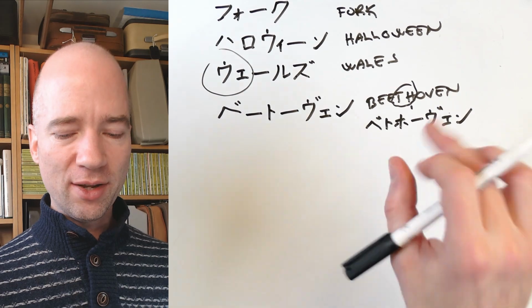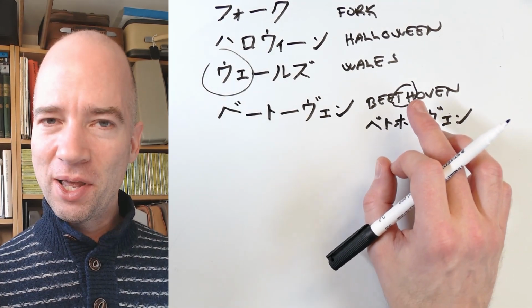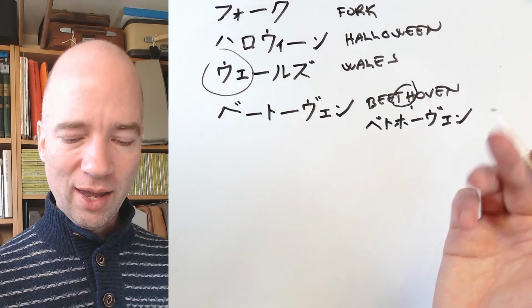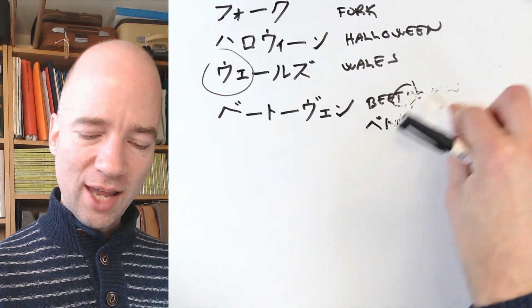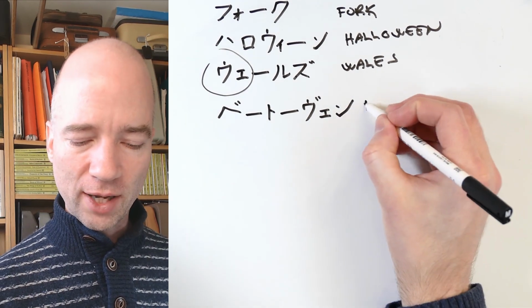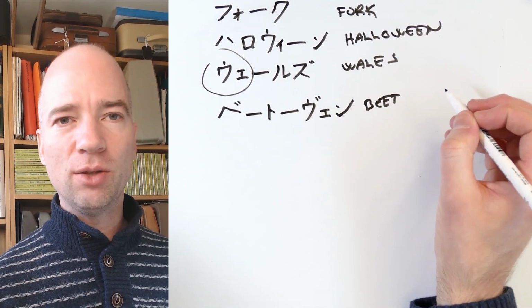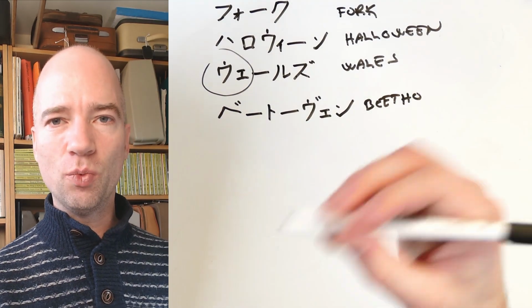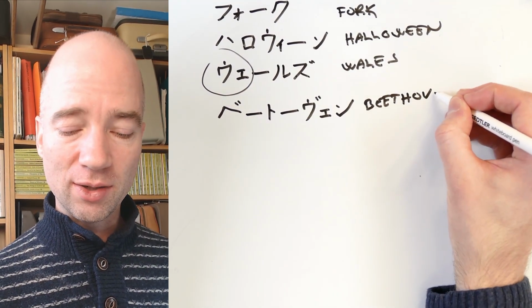Beethoven, if you don't pronounce the H in Beethoven, it still sounds like Beethoven. So the H isn't there, and of course it would sound really strange to remove the whole thing, because then you're transcribing what it is written like more than what it sounds like.